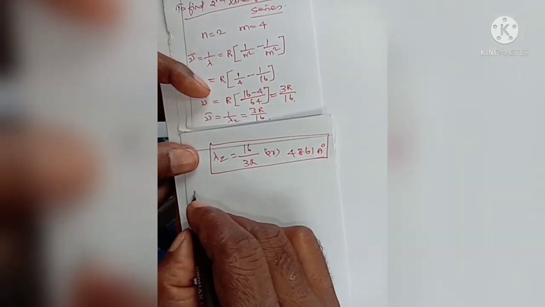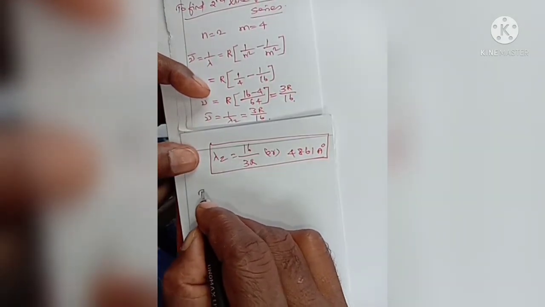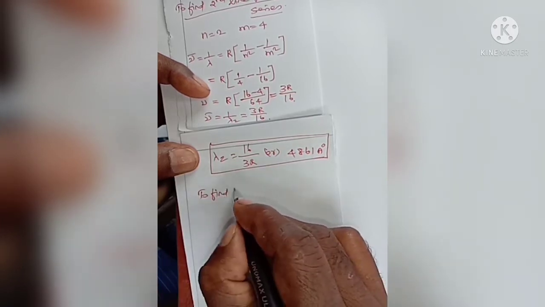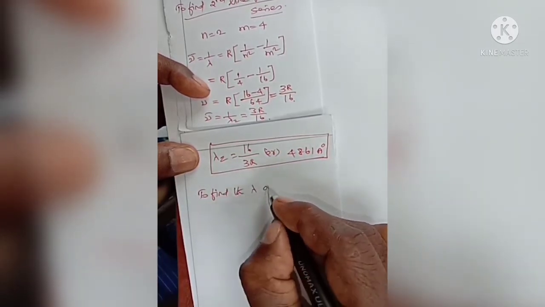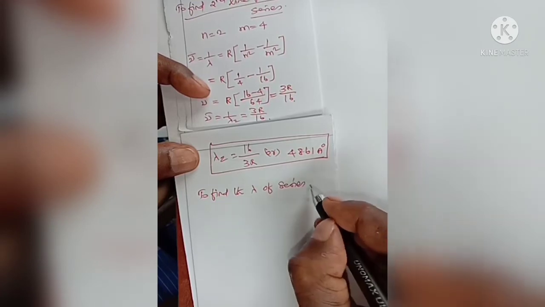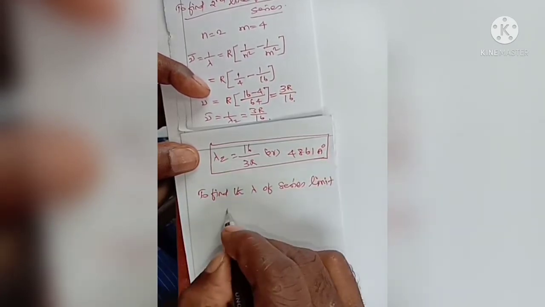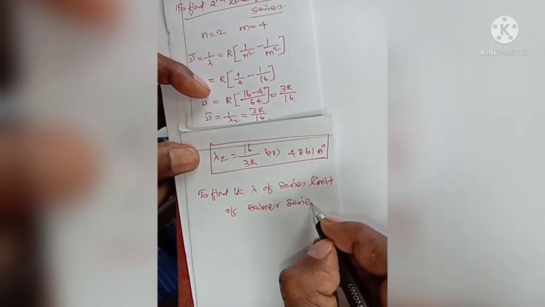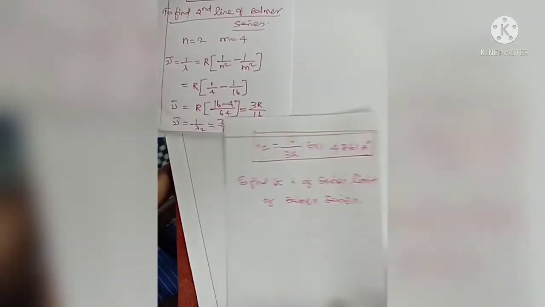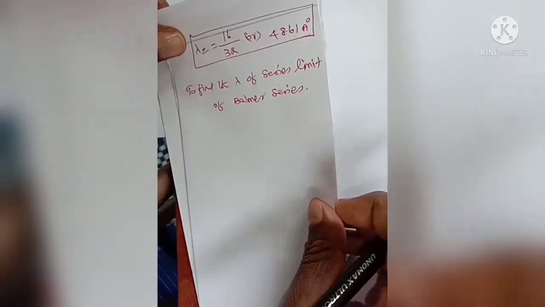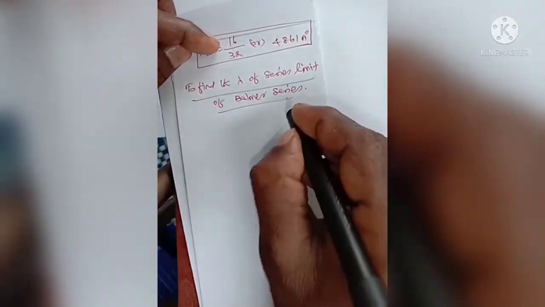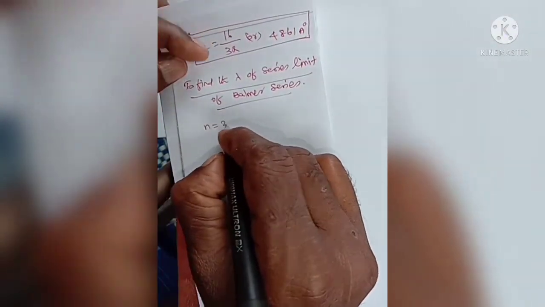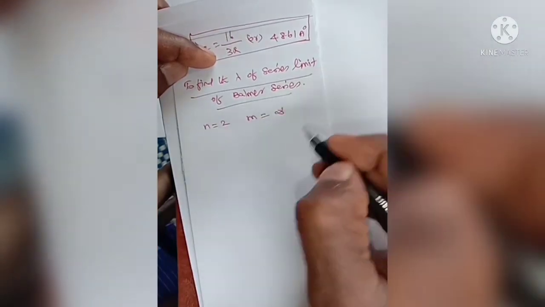Next, the series limit. To find the wavelength of the series limit of Balmer series. The positive integer value n is equal to 2, m is equal to infinity.